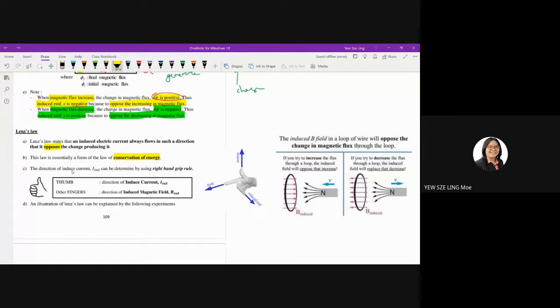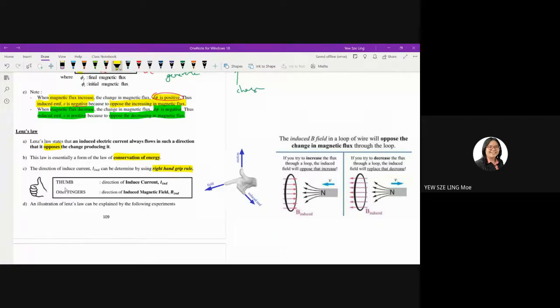So the direction of induced current can be determined by using the right-hand grip rule. The idea is exactly the same as how you determine the direction of a current in a magnetic field in chapter 4, where your thumb represents current and your fingers represent magnetic field.